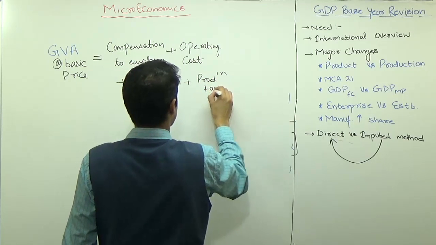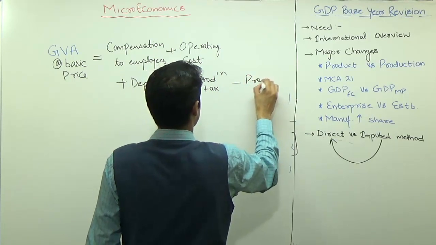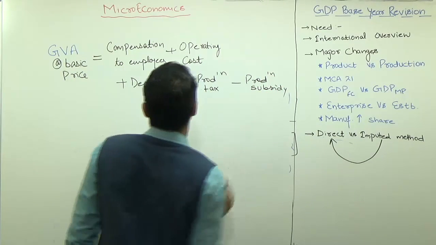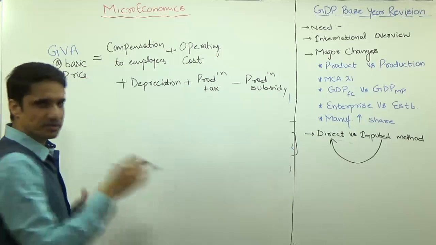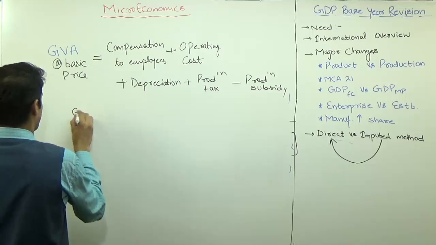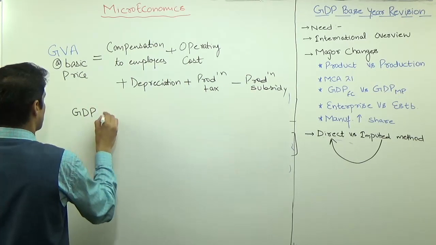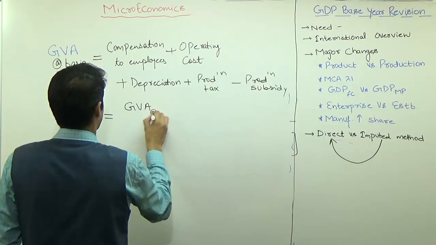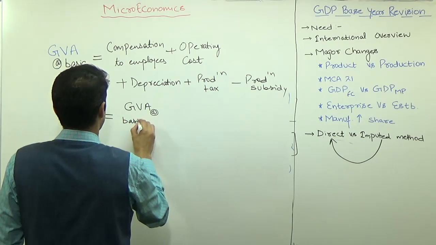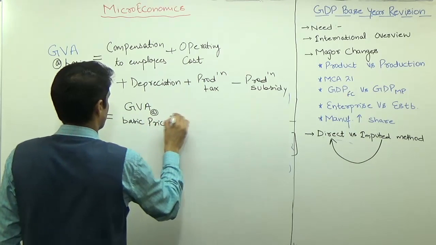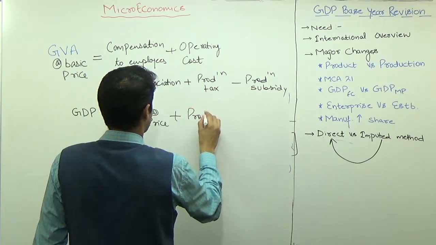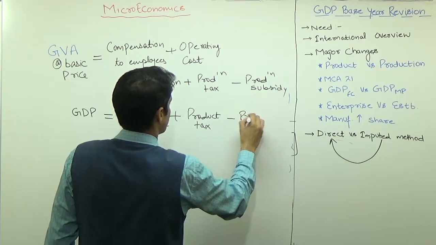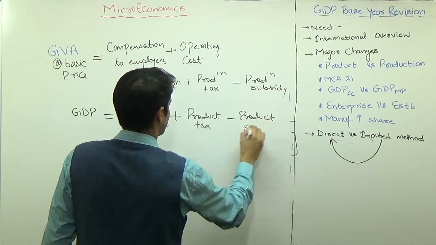production tax minus production subsidy, and then the value of the GDP. GDP equals to this GVA at basic price plus product tax minus product subsidy.